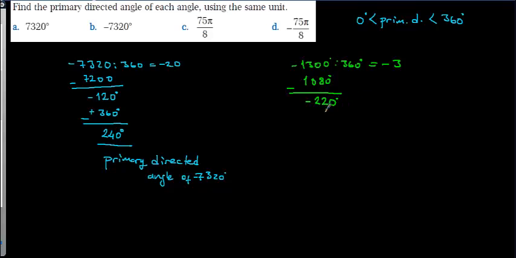But minus 220 degrees cannot be the primary directed angle. I'm going to add 360 degrees to find the positive one. This is the method. Minus 220 plus 360 is going to be equal to 140 degrees. So 140 degrees is the primary directed angle of minus 1,300.